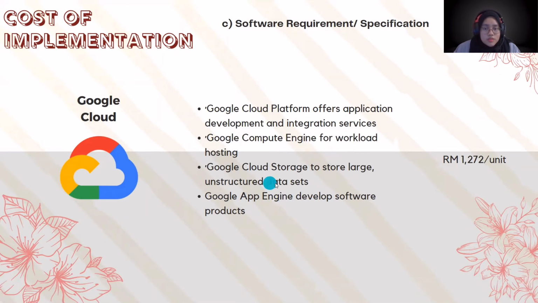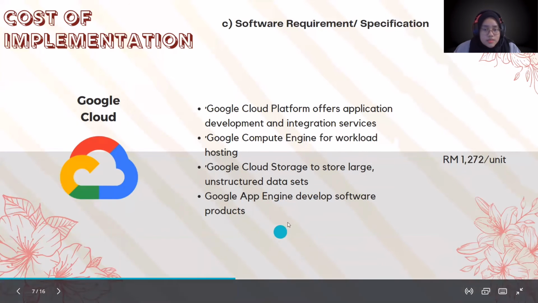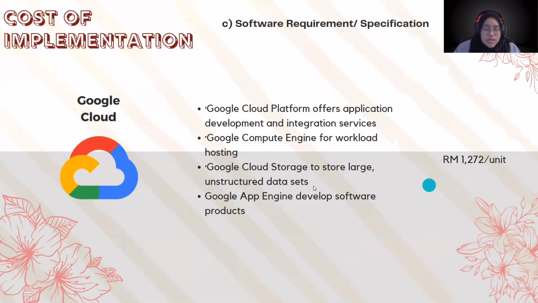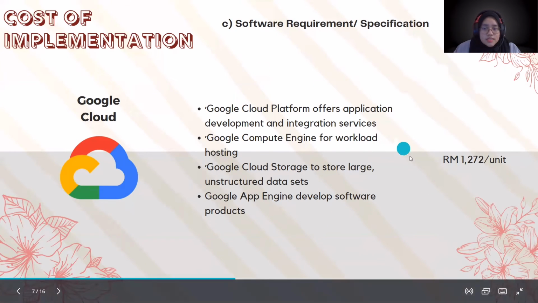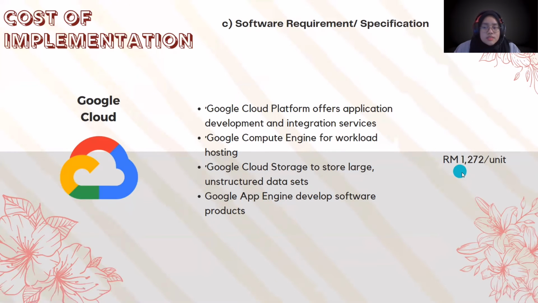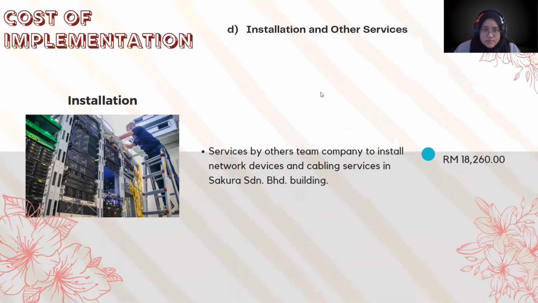It also has Google Cloud Storage, to store large data and unstructured data sets. And the last one is Google App Engine, to develop software and products. This Google Cloud costs us 1,272 ringgit.